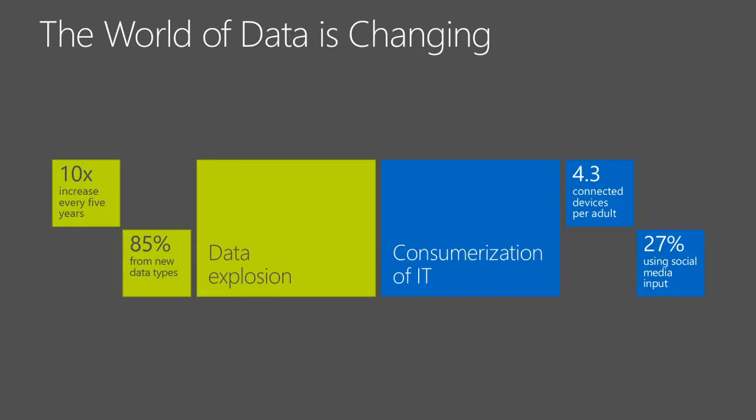At the same time, from an information worker perspective, we're seeing more of a consumerization of IT. You've probably heard these buzzwords. But this means that our users and our employees are coming to our organization and bringing their own devices. So they're bringing their own phones and their own tablets because they really want to use what they're comfortable with. And this is resulting in about 27% increase of combining data from social media outlets.